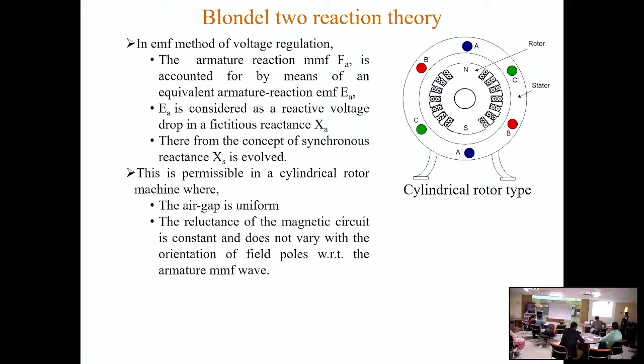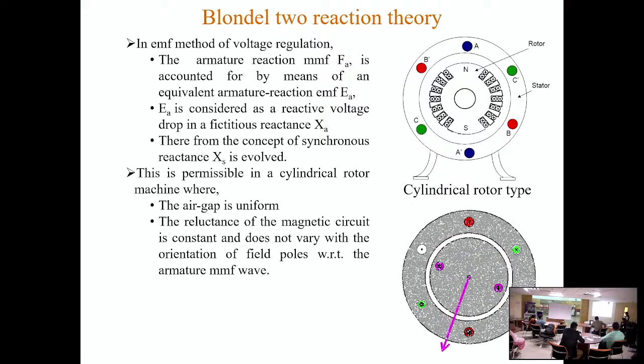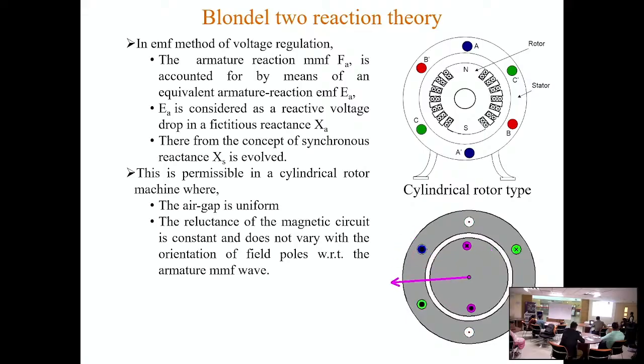It will offer the same reluctance to the armature MMF, so we will have only one reactance. Consider this rotation animation. Suppose this is the N pole and this is the S pole. Whatever the position of the N pole, the resultant flux in the air gap remains the same. That is why only one reactance is sufficient for a cylindrical rotor type machine.